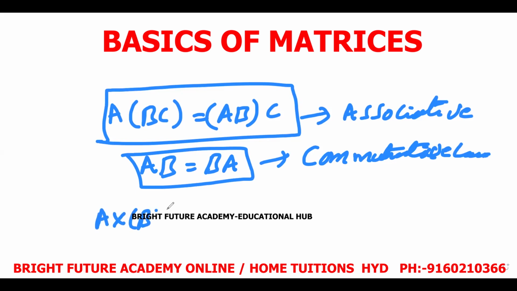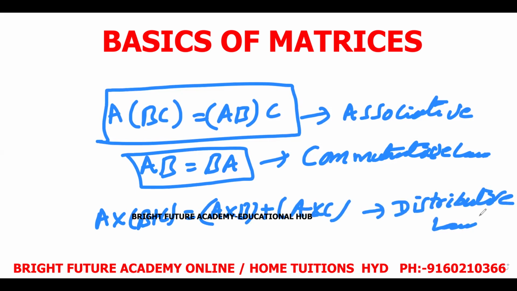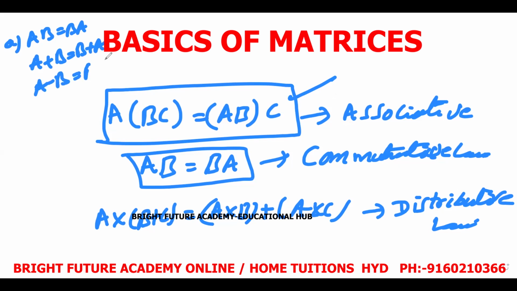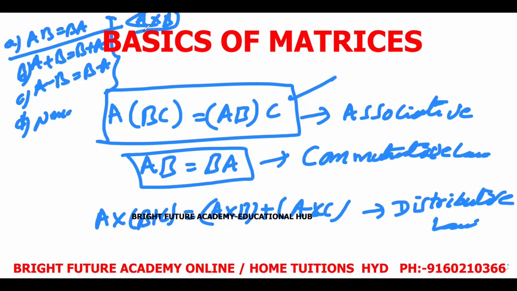Then we have A into B plus C is equal to A into B plus A into C. This is called what? Distributive property.